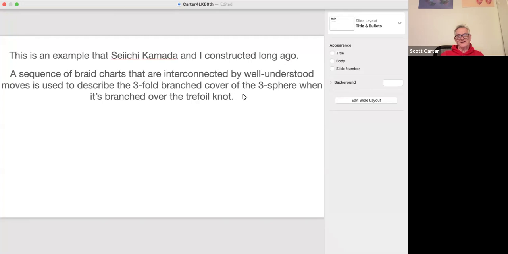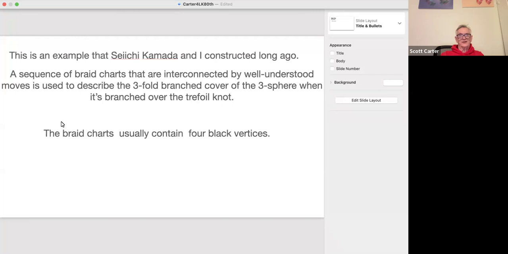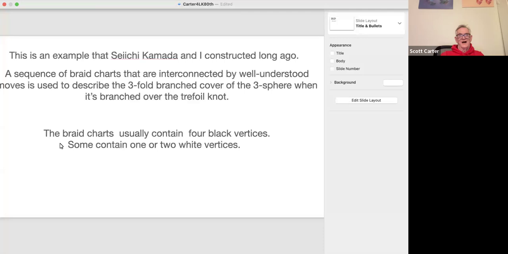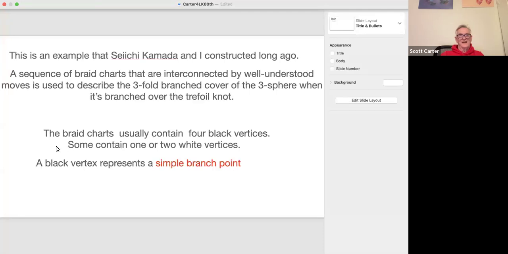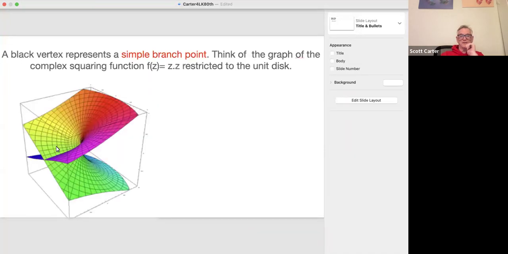And the representation is just the 3-color representation that's inducing the branch cover. The 3-fold branch cover of the 3-sphere branched over the trefoil is in fact a 3-sphere. And the braid charts that we're going to see usually contain 4 black vertices. Some of the charts that we'll see have 1 or 2 white vertices, and a black vertex represents a simple branch point.